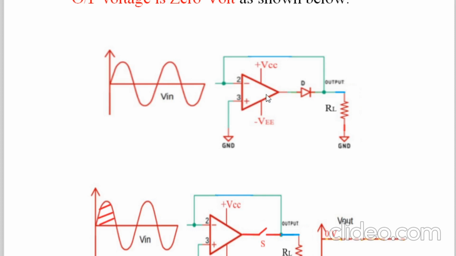Therefore, the op amp's output goes to the high voltage level HVL, equal to plus VCC, and immediately the diode will start conducting. Getting? It's very simple now.